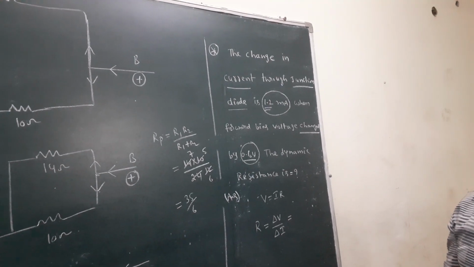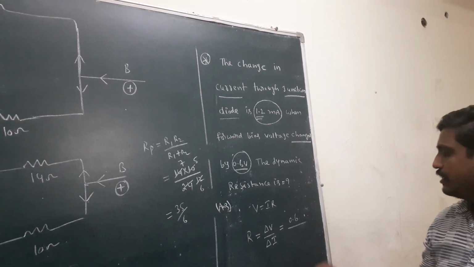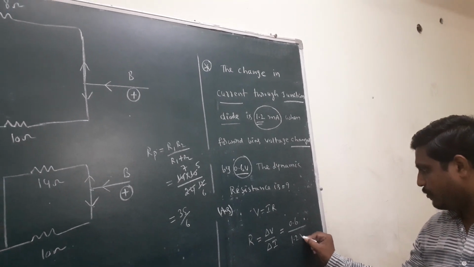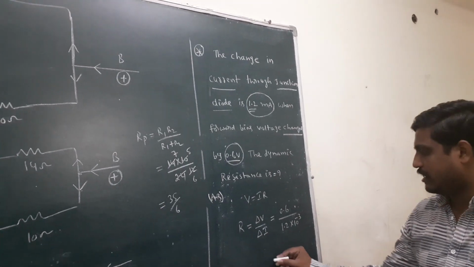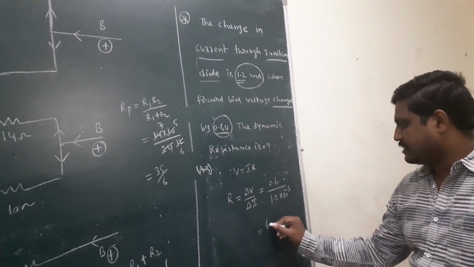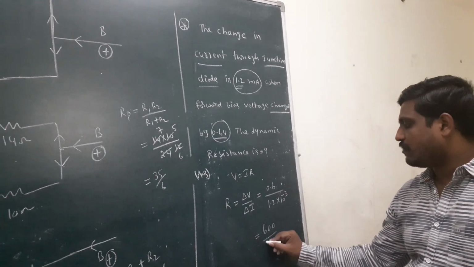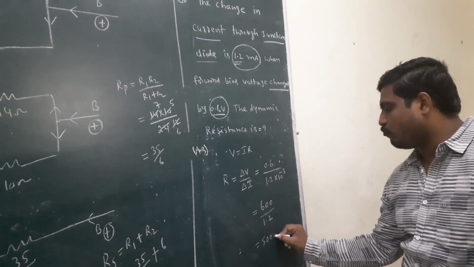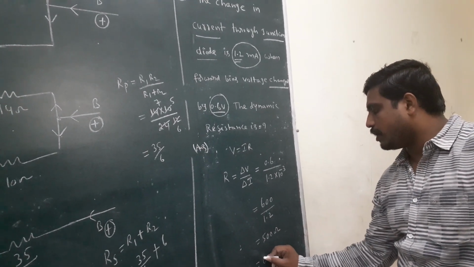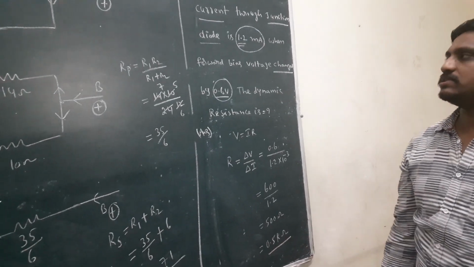What is the change in voltage? 0.6 volt by change in current 1.2 milli, meaning 10 power minus 3 ampere. Written neatly, 600 by 1.2 times 10 power minus 3. Finally we get 500 ohm, overall 0.5 kilo ohm. Okay, this is the answer.